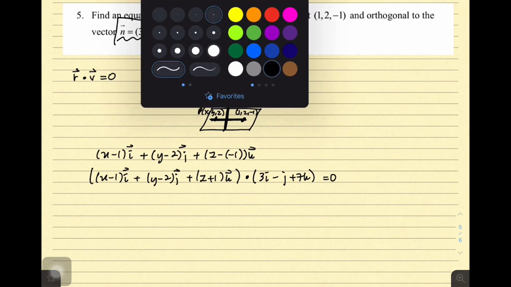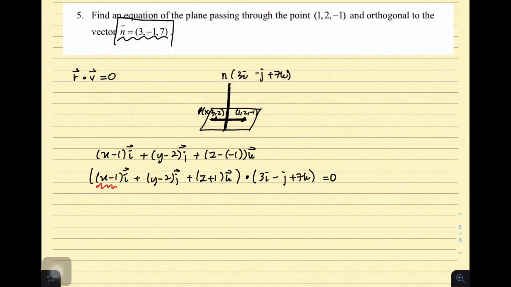So sekarang kita ada i. Okay, darabkan dengan i. So apa yang awak akan dapat adalah 3 darab x minus 1 plus j darabkan dengan j. So awak ada -1 darab dengan y minus 2 plus k darabkan dengan k. So you have 7 times z plus 1 must be equal to 0.